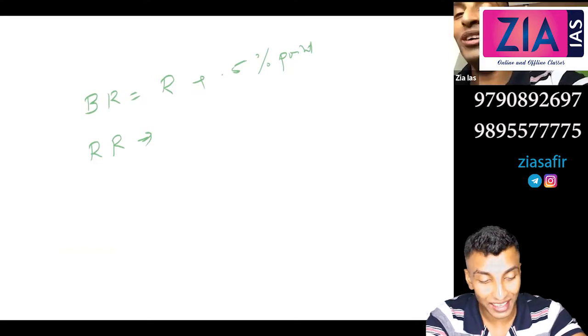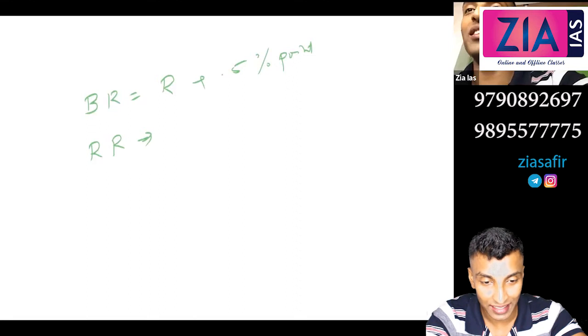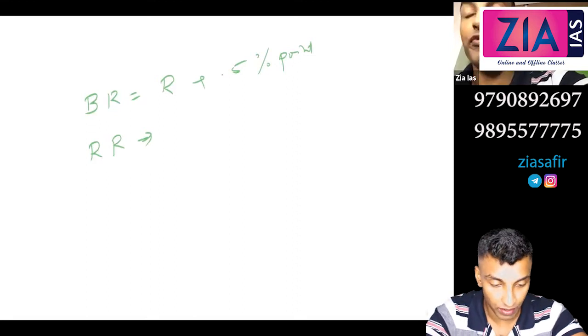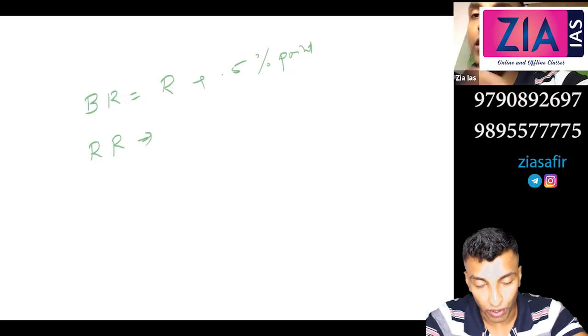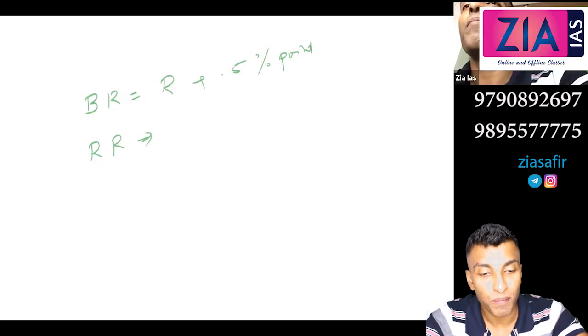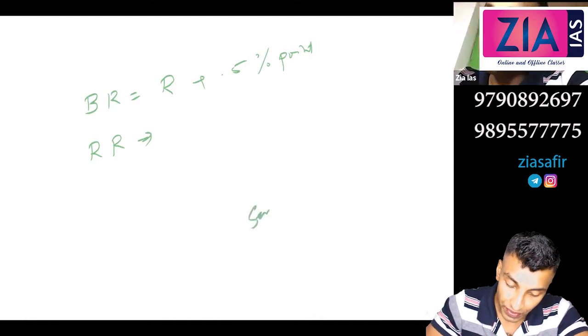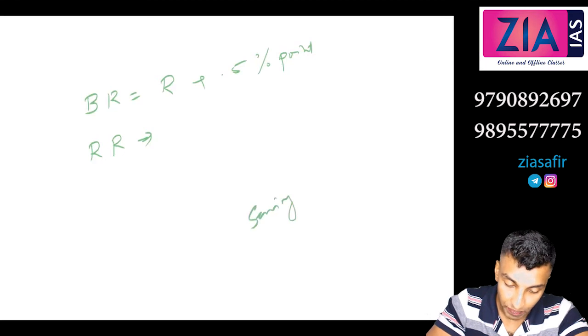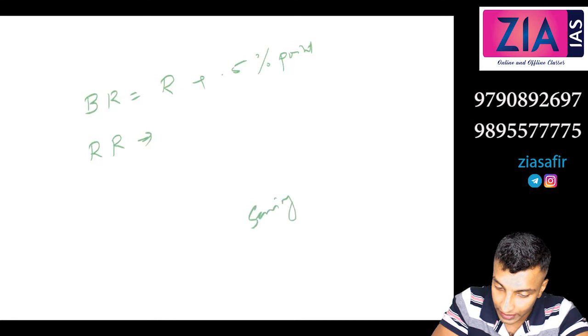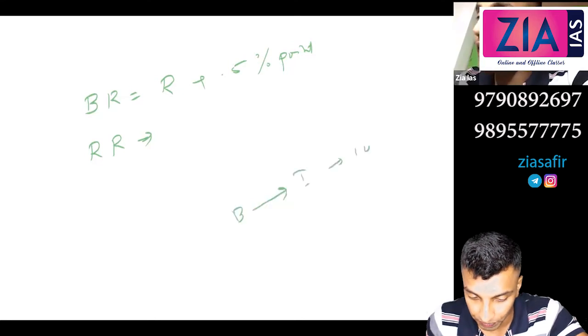If reverse repo is more, what will happen? For example, you are depositing in a bank, and the bank gives you interest of, let's say, 10% when you deposit.